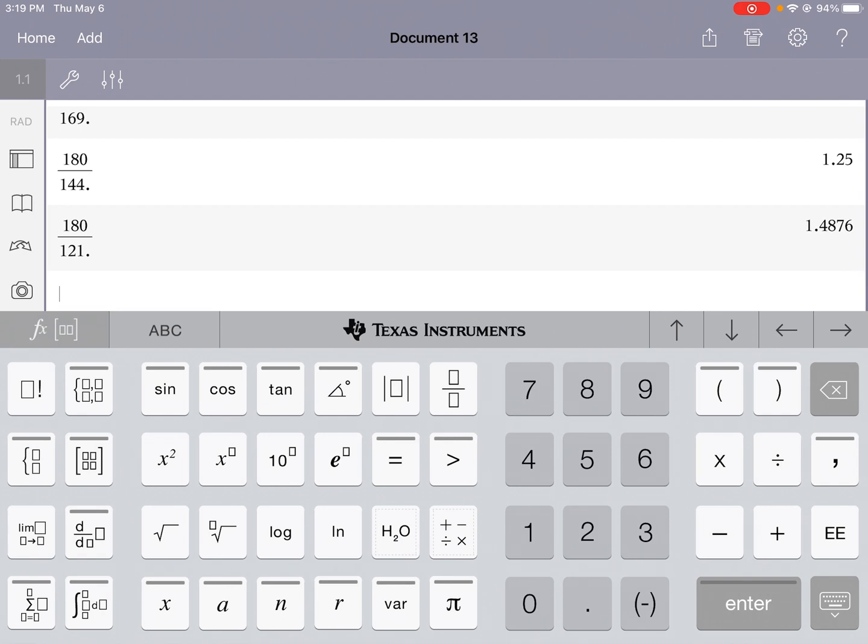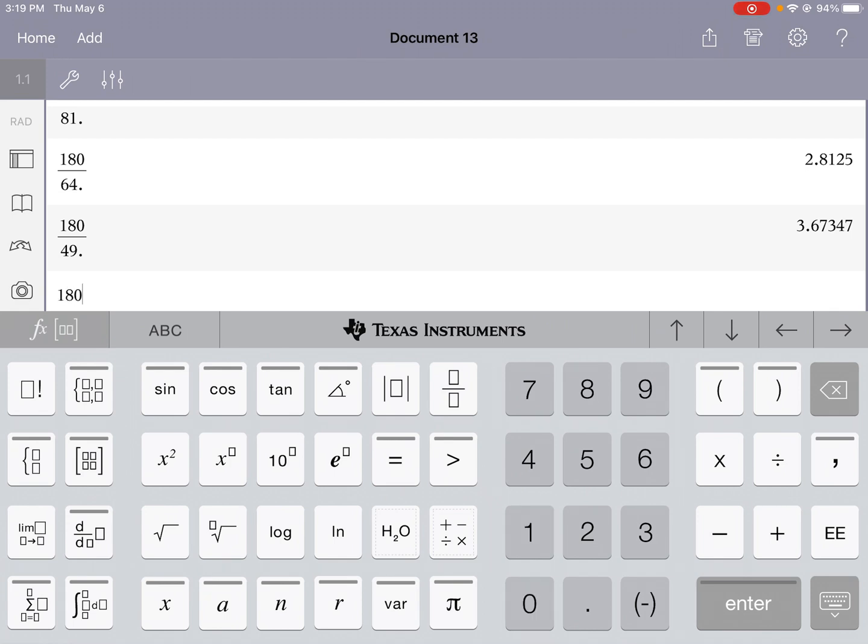Still another decimal. 180 divided by 100. Again, a decimal. Okay, again, I don't want a decimal. So 180 divided by 81. Another decimal. 180 divided by 64. Yep, you guessed it, another decimal. 180 divided by 49. Decimal.